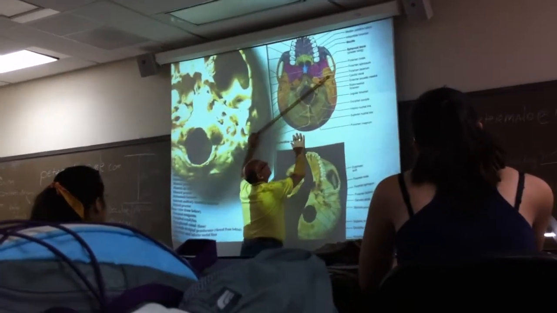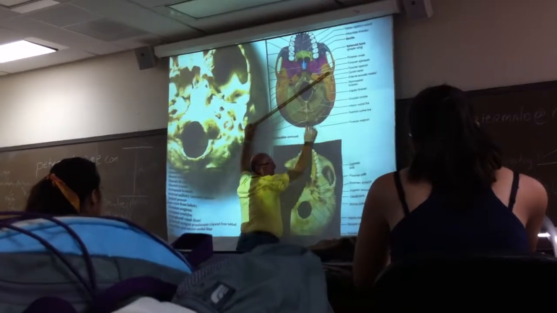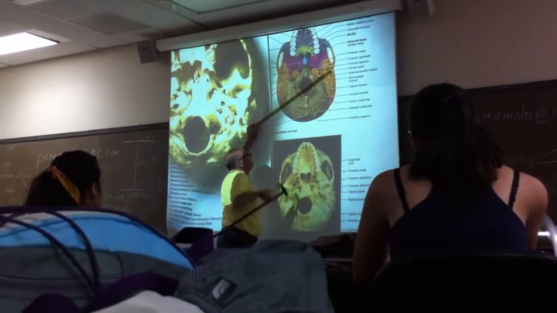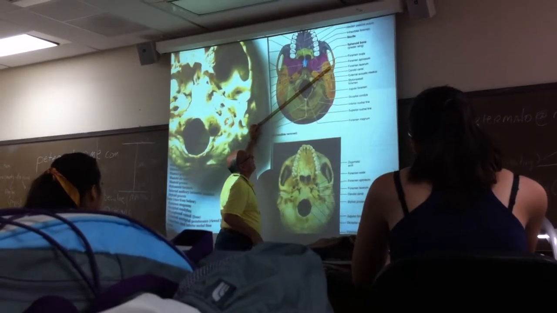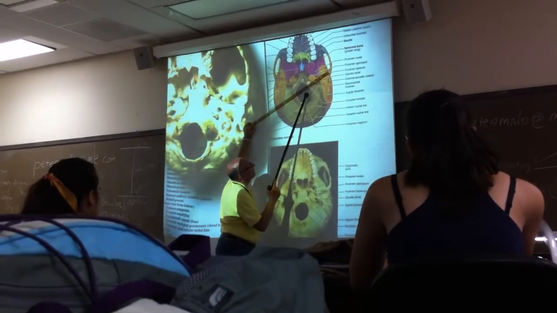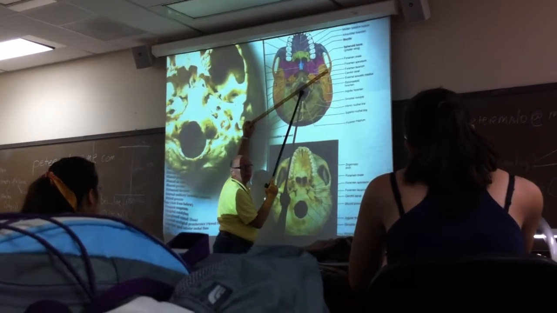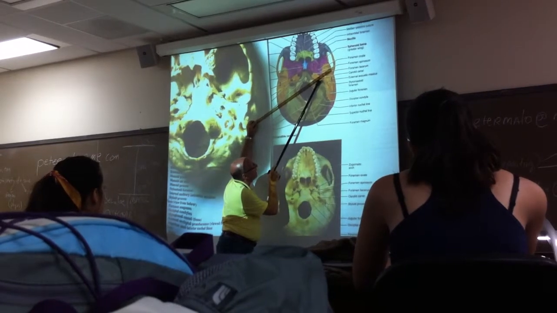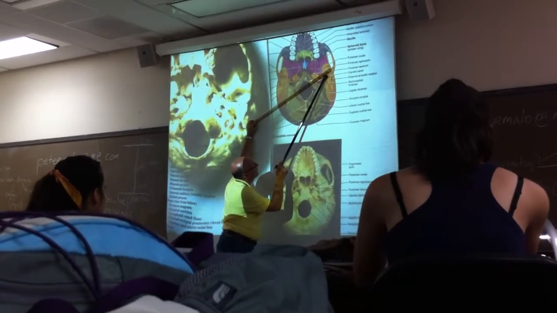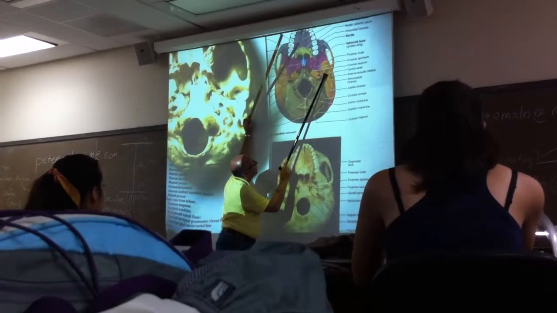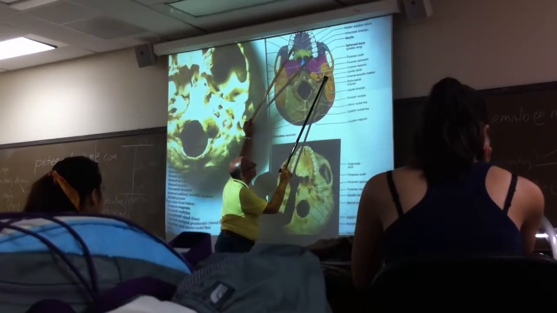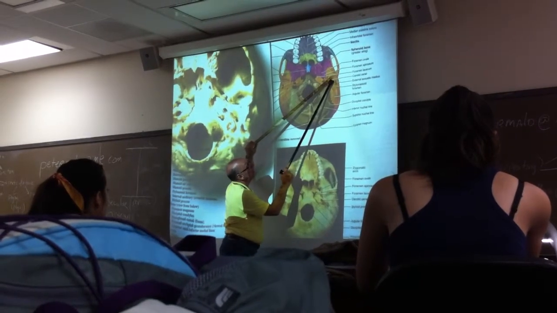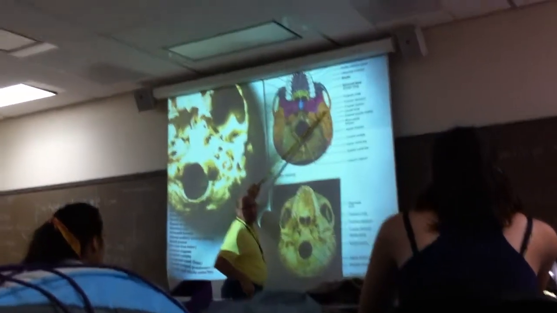I want you to get the line so that it starts dead center here in the foramen magnum, and you're drawing a diagonal line, and it's going to end right here in this depression. And this depression is what is going to be called the mandibular fossa.